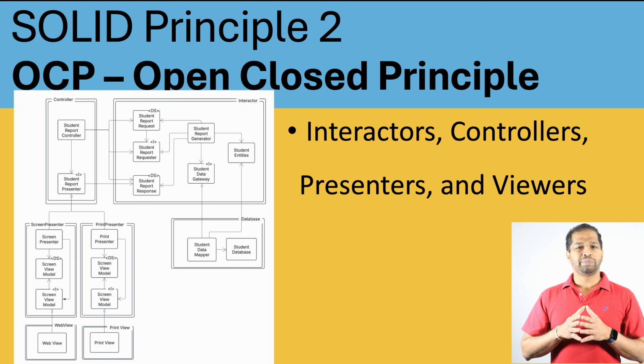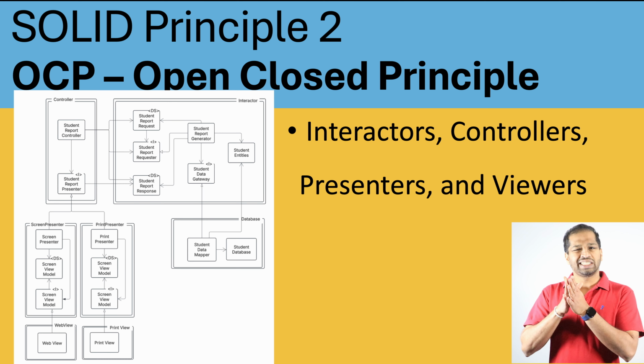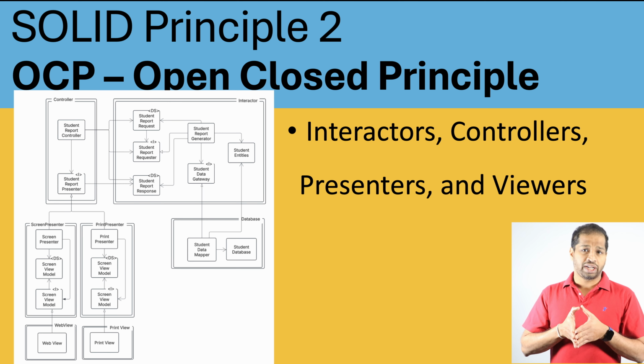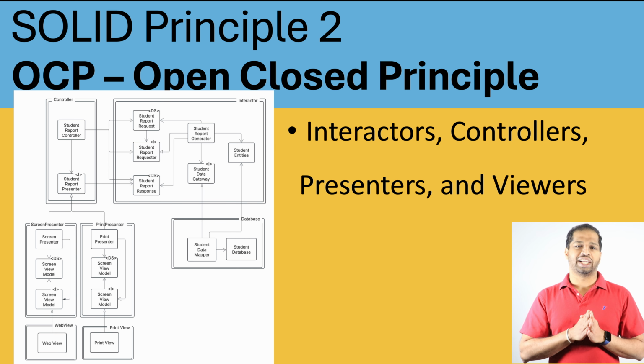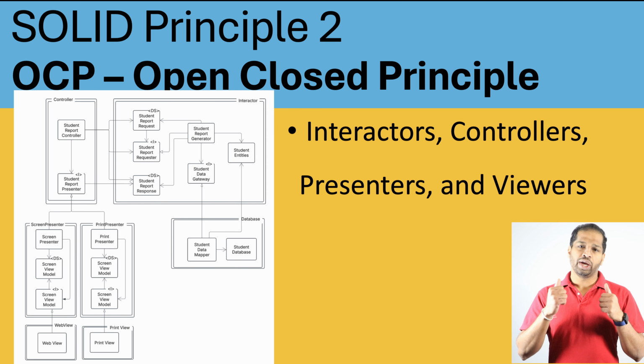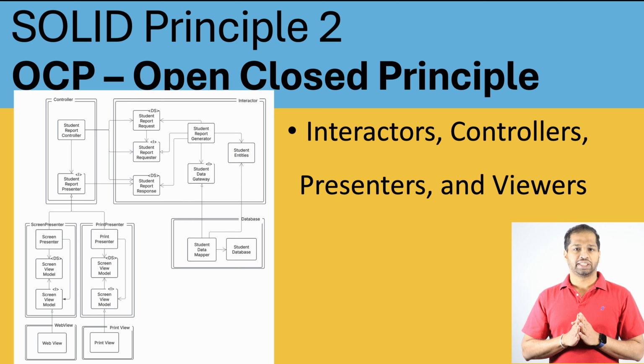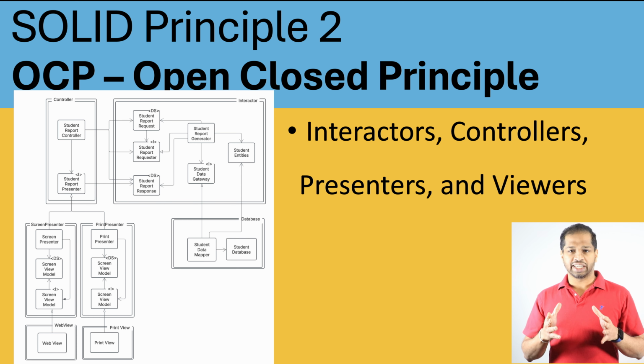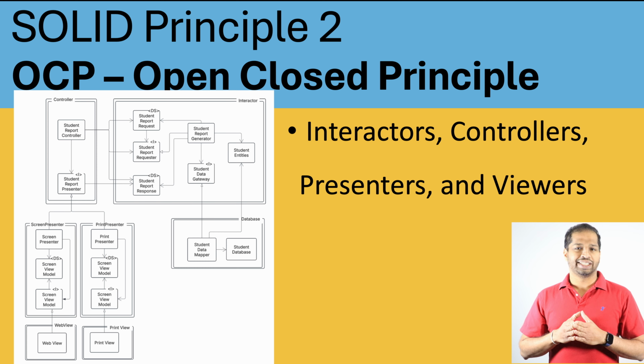The dependencies between these components flow in a single direction, with open arrowheads representing using relationships and closed arrowheads representing implements or inheritance relationships. The key point here is that all the dependencies are source code dependencies.